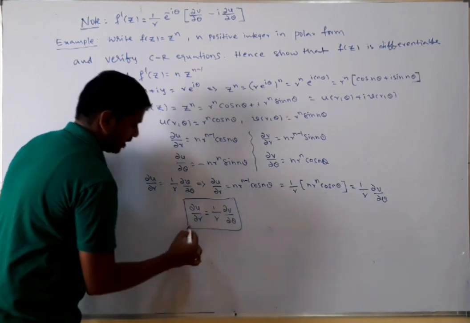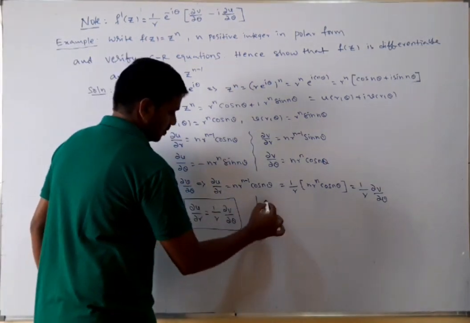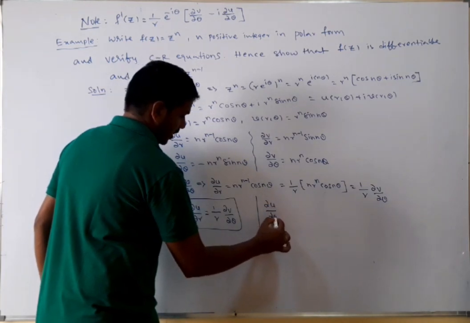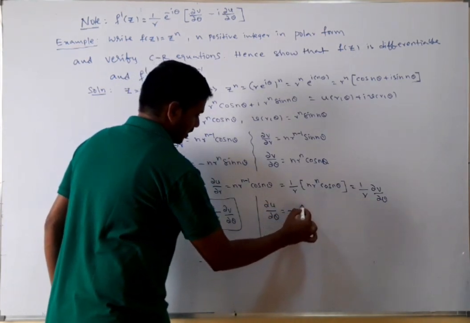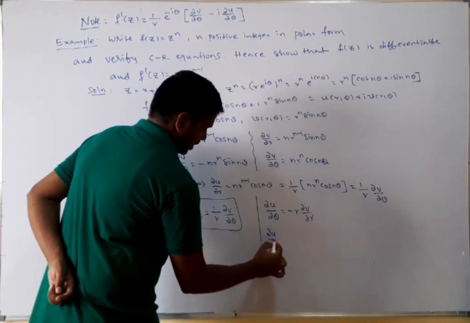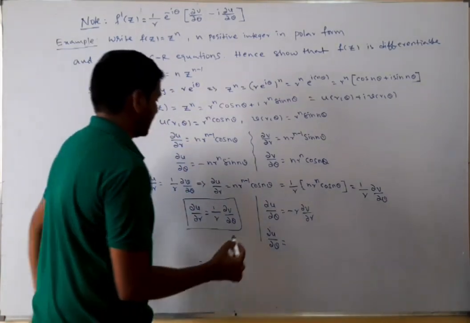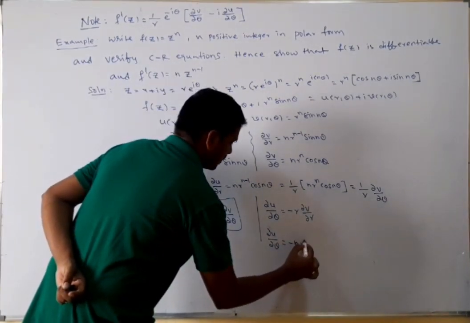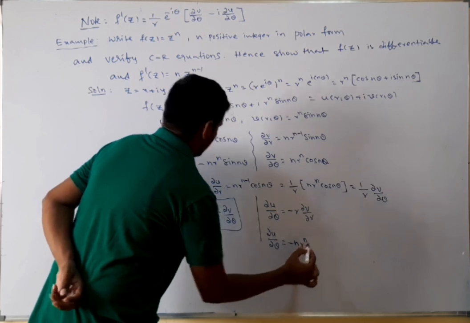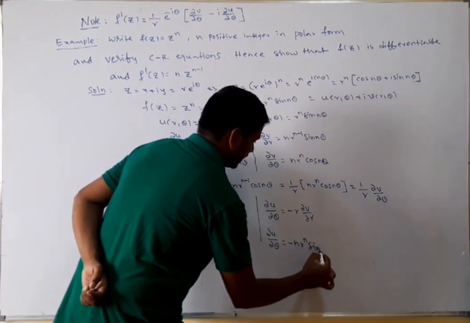Now coming to the second one. What is that? Dou u by dou theta is equal to minus r dou v by dou r. Right, dou u by dou theta is equal to minus n r to the power of n sin n theta.